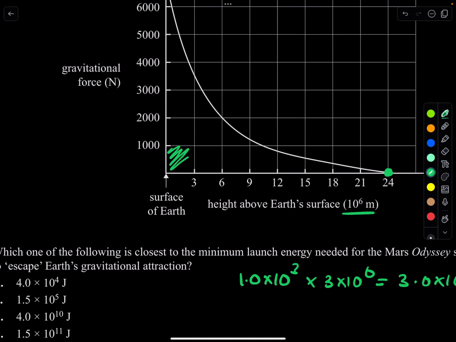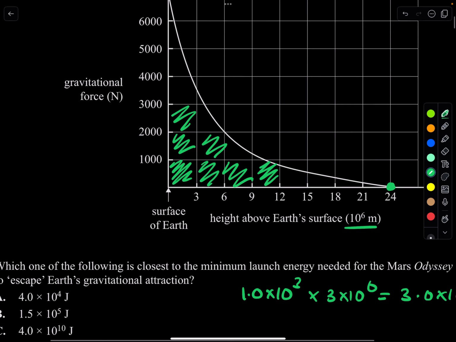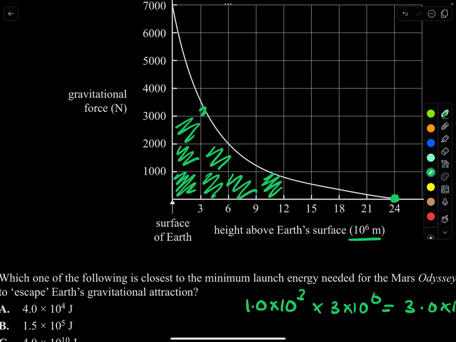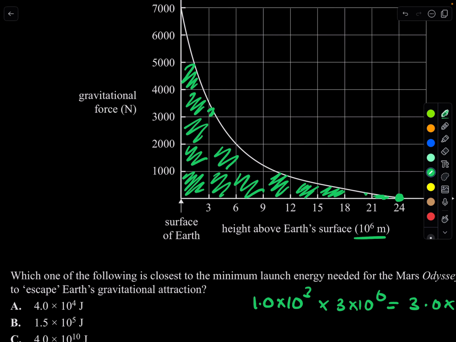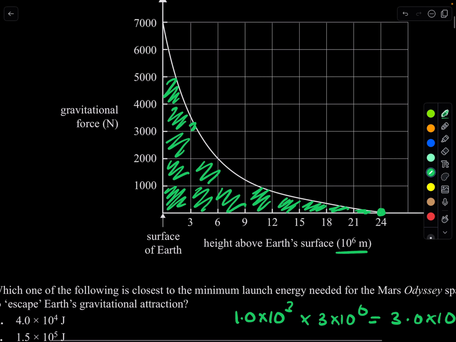So this is 1 of the squares. 2, 3, 4, 5, 6, 7, including this little part here, 8, including this little part here, 9, including this part here, 10, including pretty much this part over here, 11, including pretty much this part.